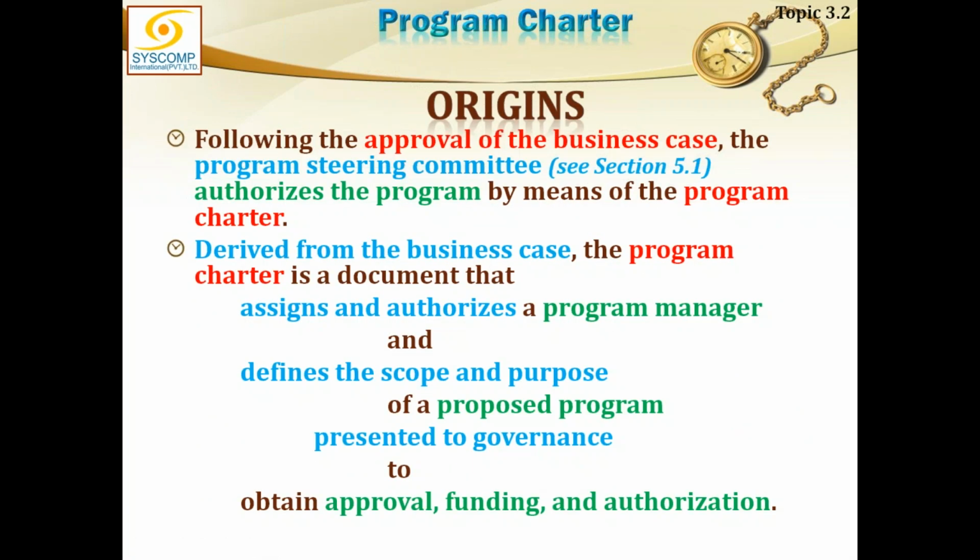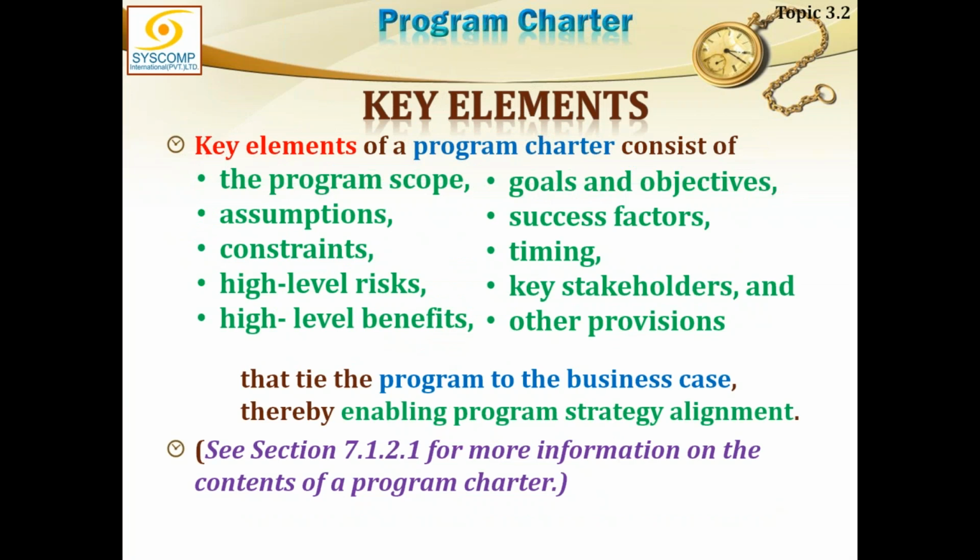Then what are the key elements of the charter? Again, the overall program scope must be clearly defined there. They must also understand the goals and objectives, success factors, timings, assumptions, controls, high level risks, and high level benefits of key stakeholders, other provisions.